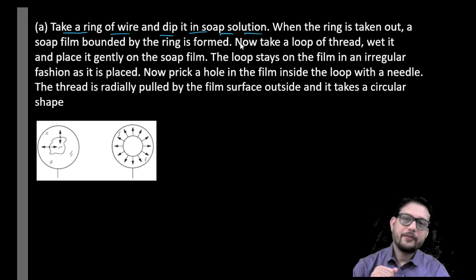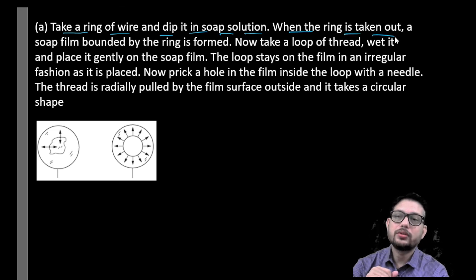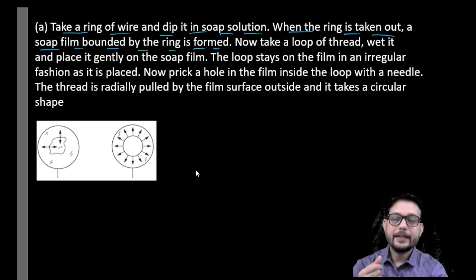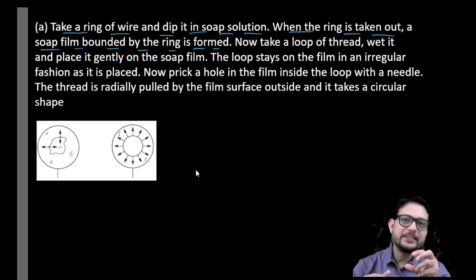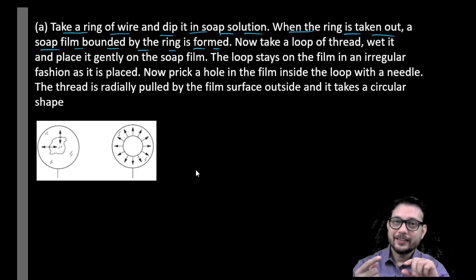Now, when the ring is taken out, a soap film bounded by the ring is formed. When you dip the ring inside the soap solution and very gently take it out, you will see a very thin film over there. Film means a layer, one that occupies the entire circumference of the ring.